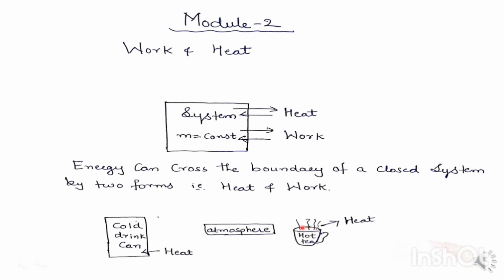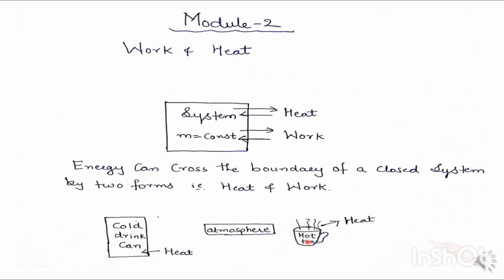So here the temperature of the tea is higher than the temperature of the atmosphere. As we know, heat always flows from a higher temperature medium to a lower temperature medium. Here heat transfer takes place from the tea to this atmosphere. So after some time it gets cooled down. Up to what level is heat transferring here?